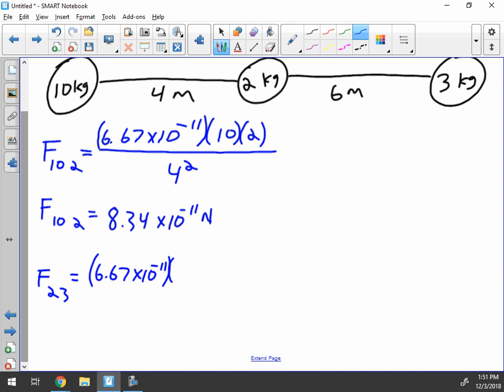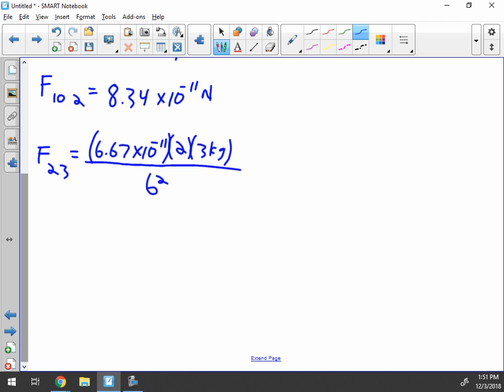This time my masses are 2 kilograms and 3 kilograms on the right side. And I'm dividing it by the distance between the objects 2 and 3. It's 6 squared. And I put that in a calculator, and I get 1.11 times 10 to the negative 11 newtons.